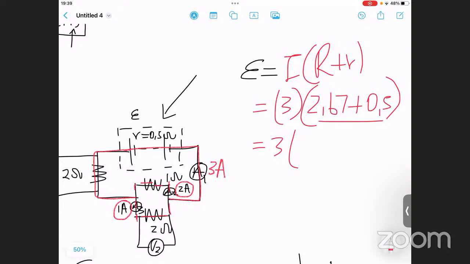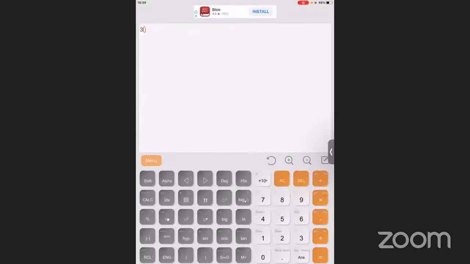Let me just punch it there. 3 into this one, and it is 9.51.